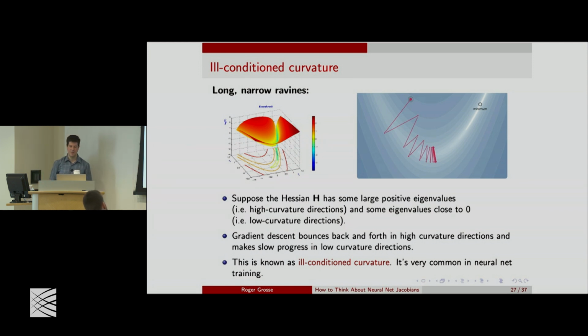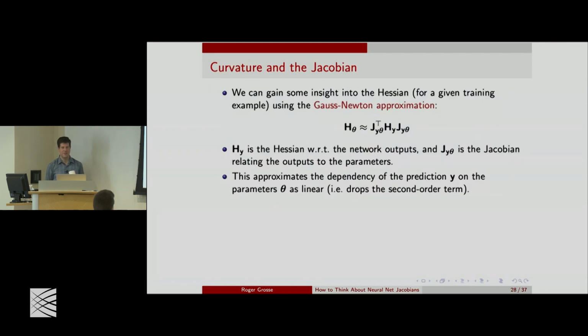So if the different eigenvalues of the Hessian are very different from one another, that makes it much harder for optimization. So that's ill-conditioned curvature. And we can understand the Hessian by looking at what's called the Gauss-Newton approximation.